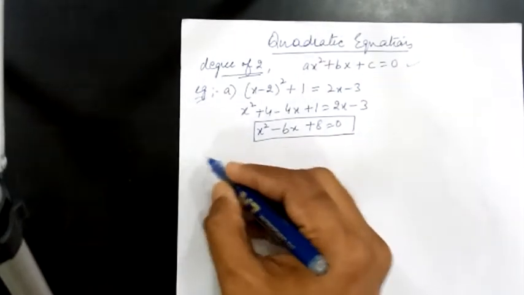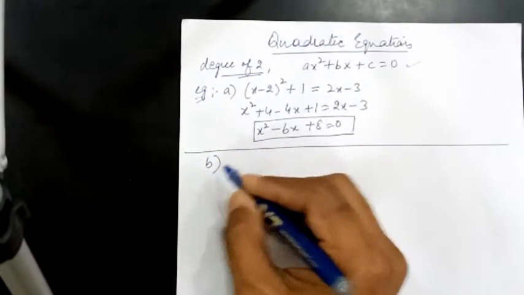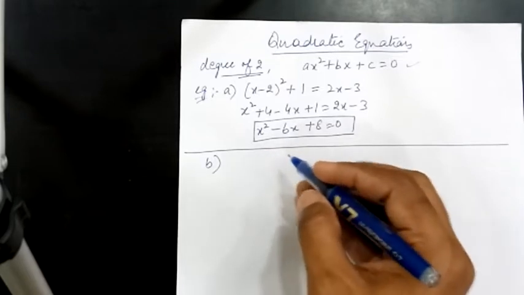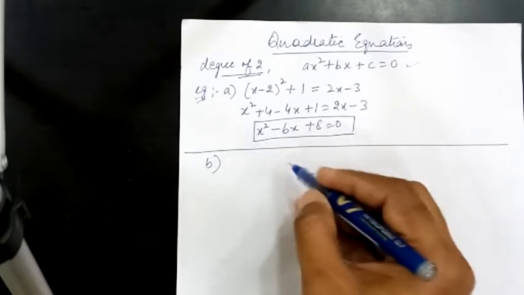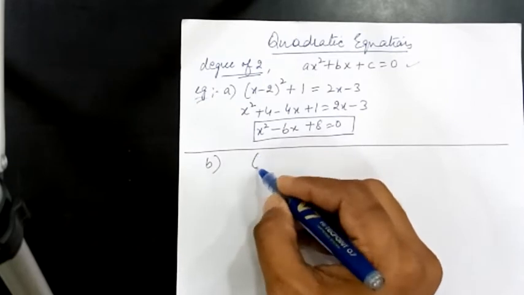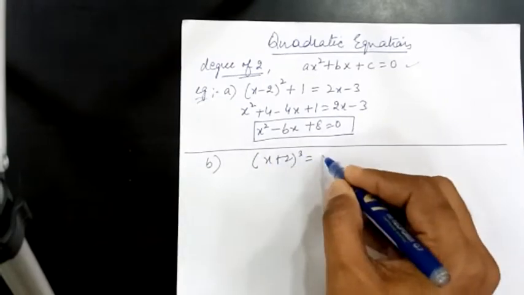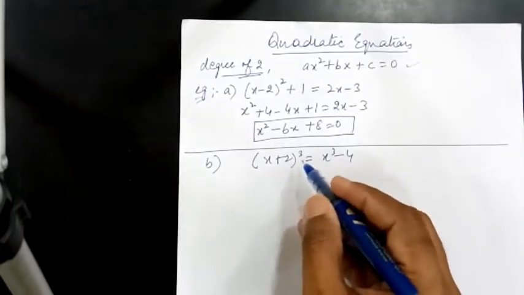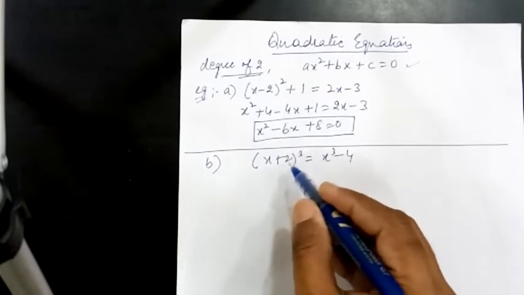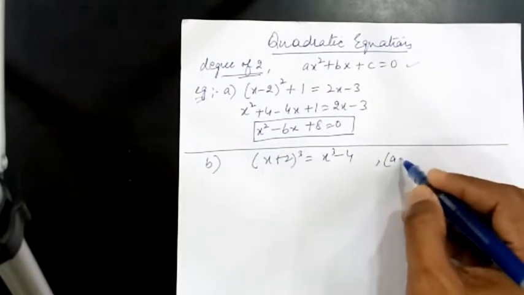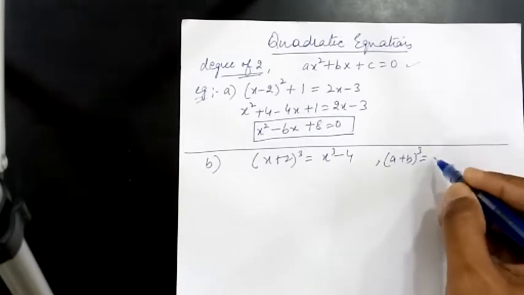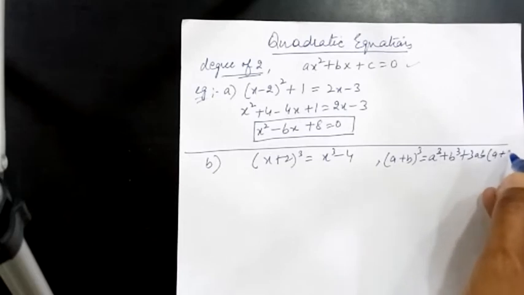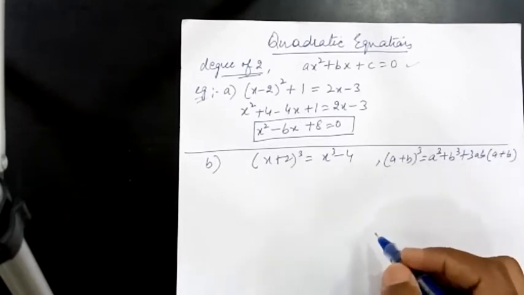We take one more example here. Let us take x plus 2 whole cube equals x cube minus 4. If this is the equation, you try to solve x plus 2 whole cube. You can use an identity over here: a plus b whole cube is equal to a cube plus b cube plus 3ab into a plus b. In that manner you can solve it out. Got it?